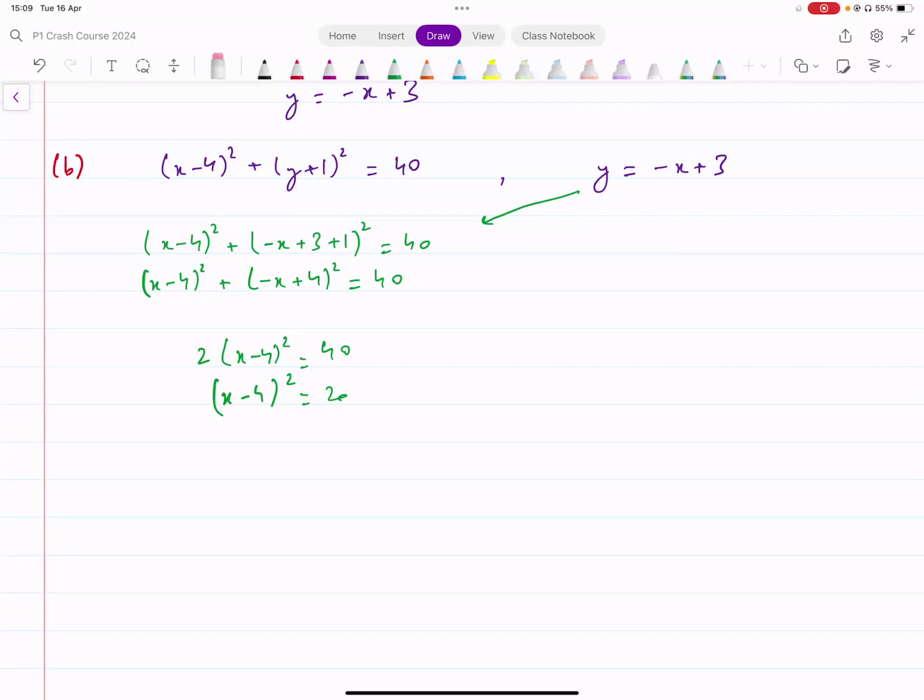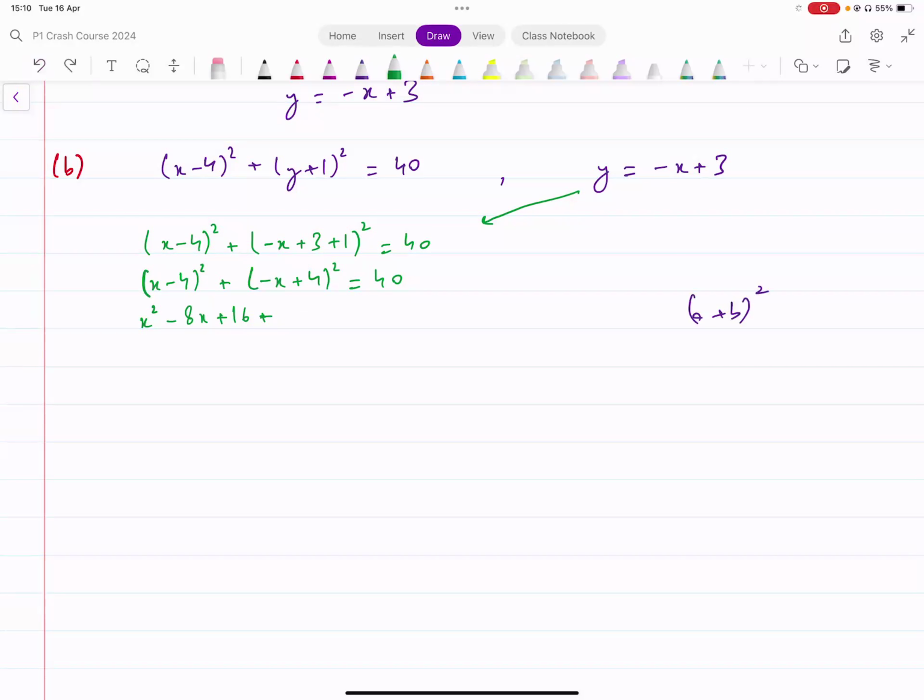If you're not able to figure that out, the other possibility would just be to expand both of them. Let's expand them. You would get x squared minus 8x plus 16. And then you have (minus x plus 4) whole squared. Now, be very careful with the signs that you're using. If you use the a plus b whole squared identity, a is going to be minus x. The whole thing minus x is going to be a in that case.